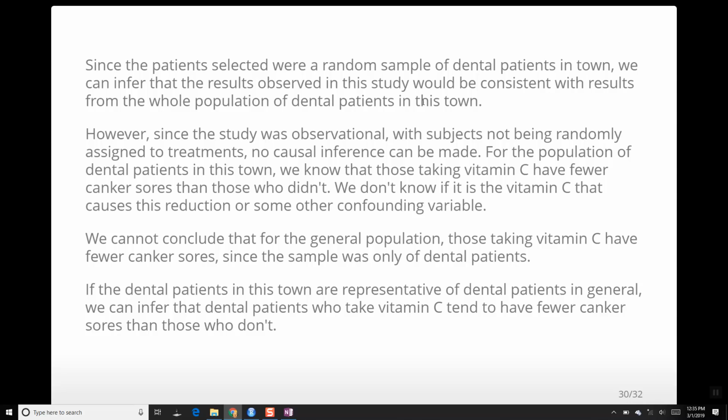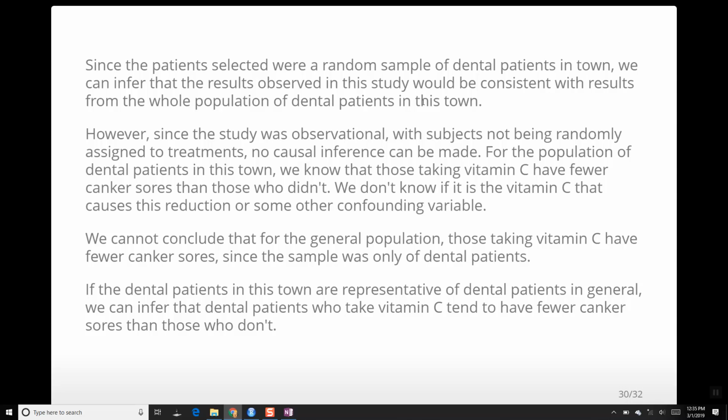So because we drew from dental patients, we can at least generalize to all the dental patients in our town. And if we assume that our town is representative of the general population of all dental patients, maybe we can generalize to that group. But we would be wary to generalize to anything other than dental patients, because people who visit the dentist will generally have better oral care than those who don't visit the dentist at all.